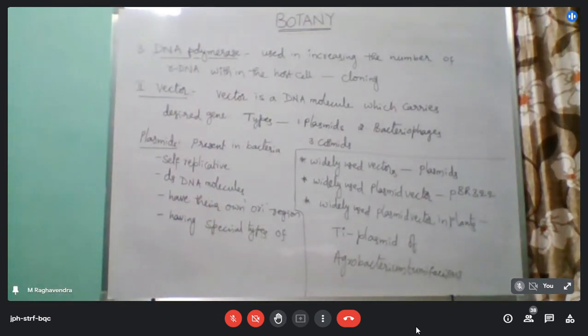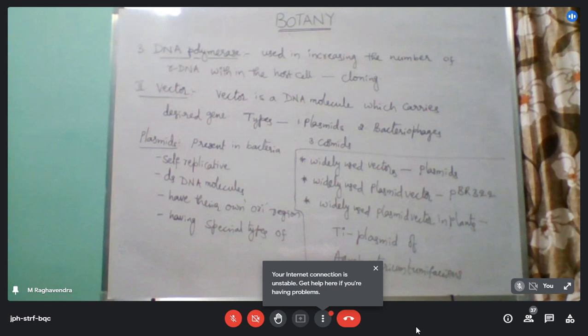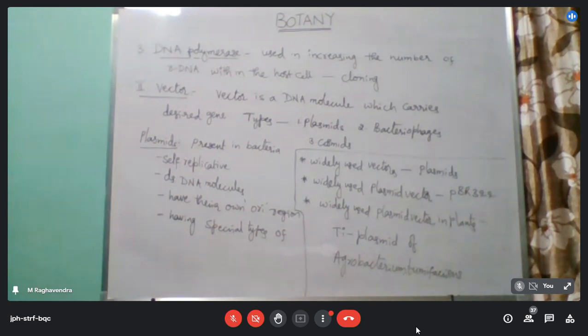So the widely used vector is a plasmid vector; the widely used plasmid vector is pBR322; and the widely used plasmid vector in plants is the Ti plasmid of Agrobacterium tumefaciens.